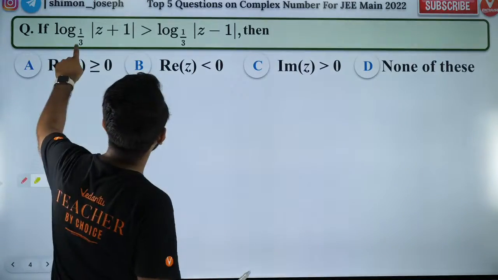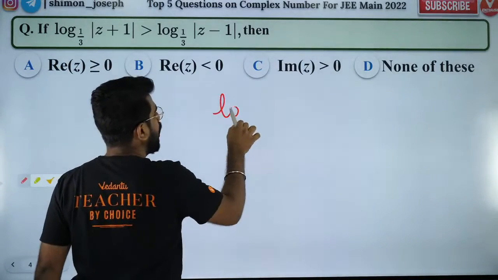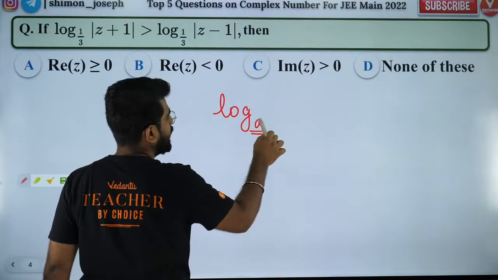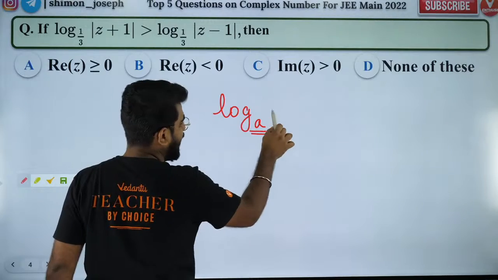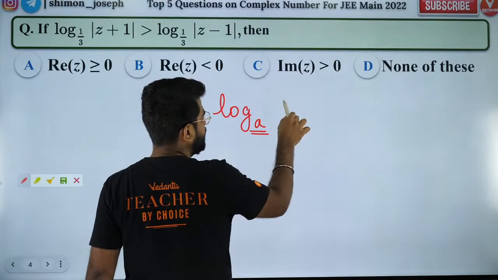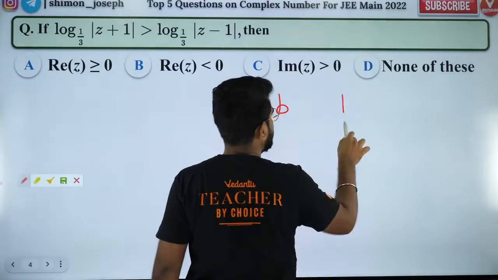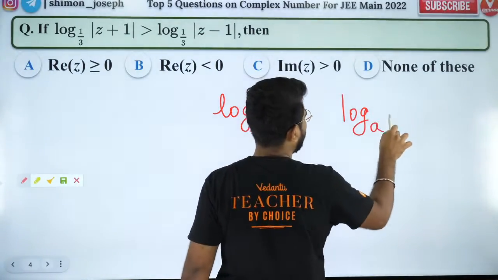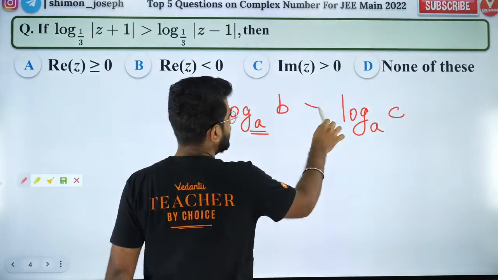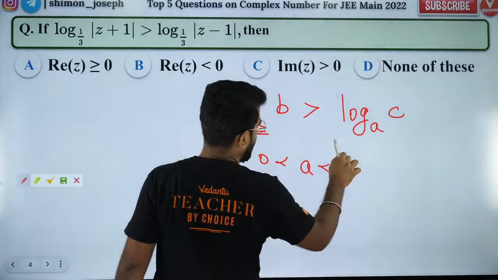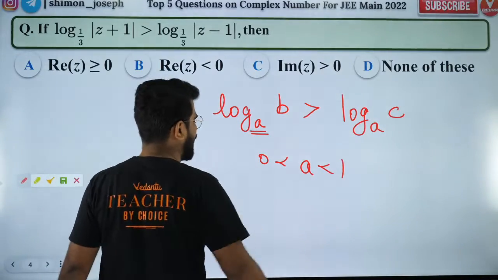So guys, the first thing which I want to teach you is whenever you have log to the base some number less than 1. Let's say log to the base a of b is greater than log to the base a of c. Now if a is between 0 and 1, it's a fraction.